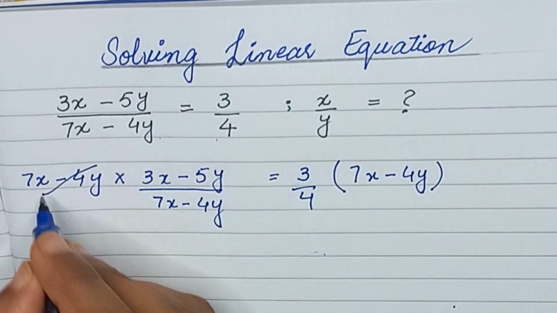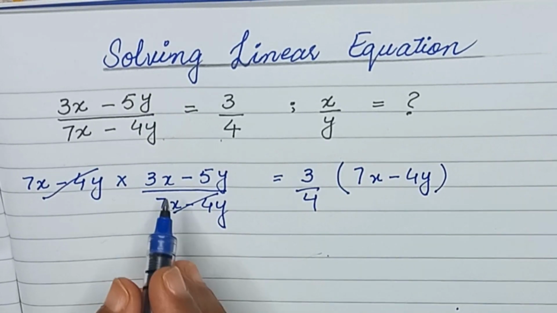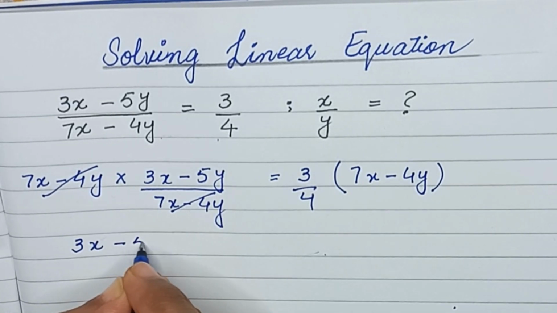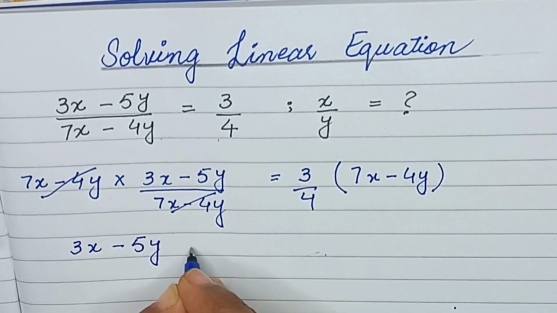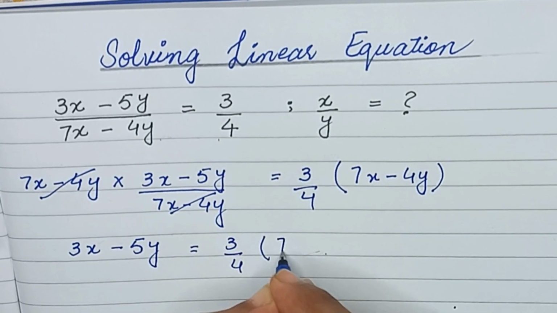So from here 7x minus 4y and 7x minus 4y will be cancelled out, and we have remaining here 3x minus 5y, which is equal to 3 divided by 4 (7x minus 4y).